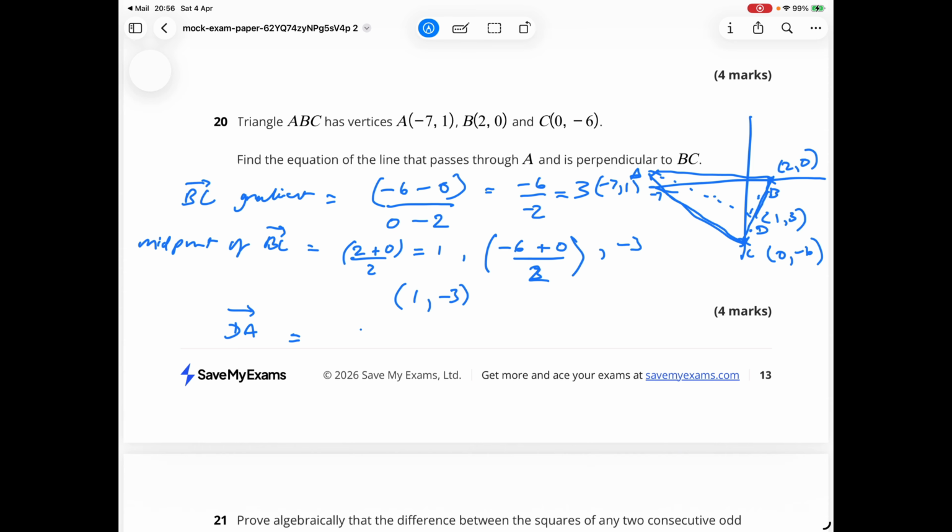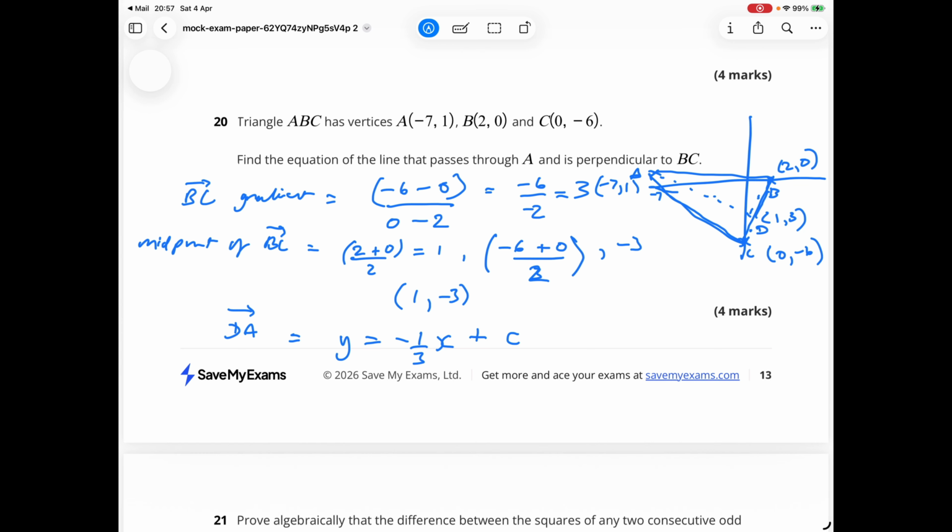has the negative reciprocal gradient, so y equals minus a third x plus c. Then we put the midpoint in, so minus 3 equals minus 1/3 times 1 plus c.